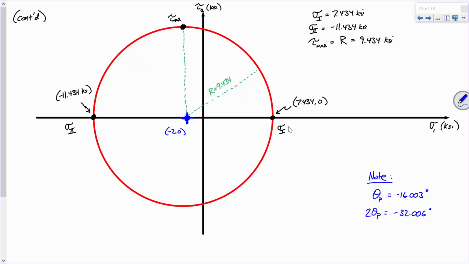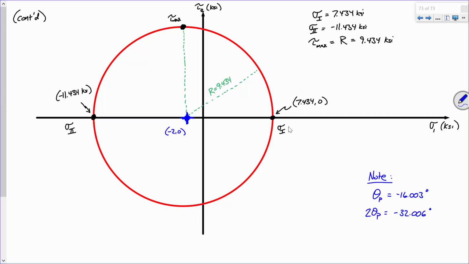Let's check this out. Why am I doing 2 theta? Because if you remember, look at all the sines and cosines in our stress transformation calculation. They're all 2 thetas, right? Watch this. Now, a negative angle starts at the x-axis and goes down, right? Remember, if you're rotating, this is 0, this is pi over 2, pi, 3 pi.